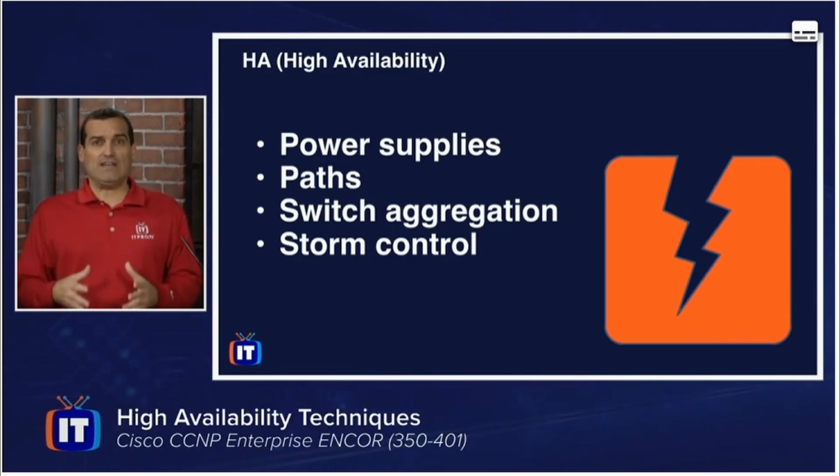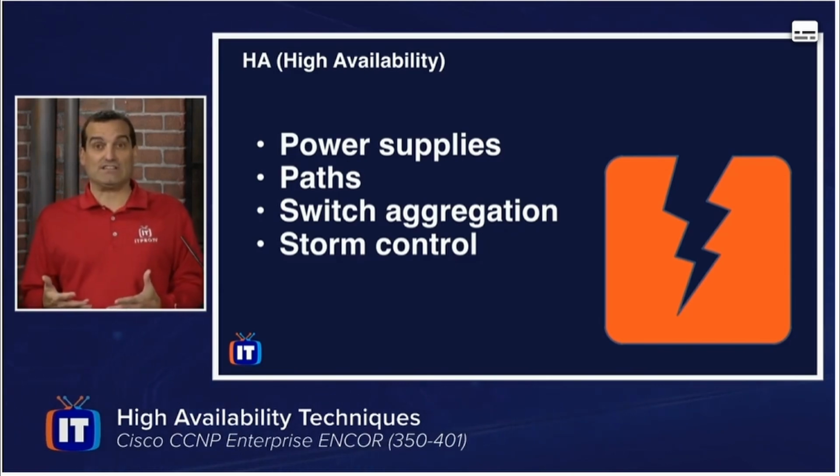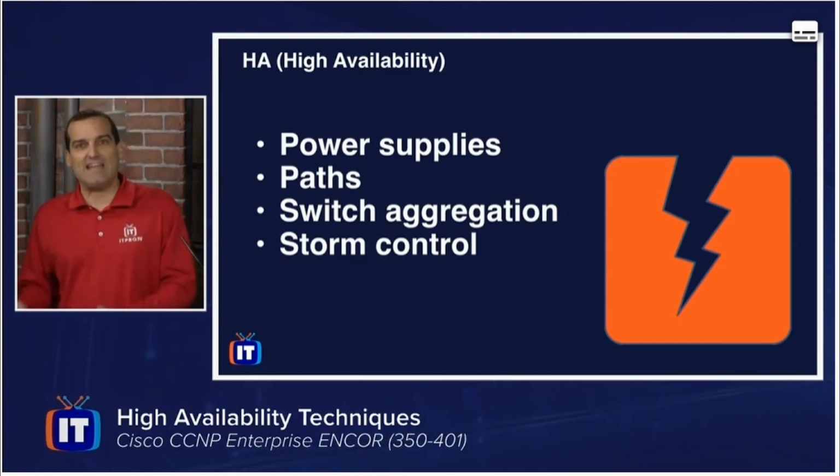If this was 1999 and Ronnie and I were teaching this class, we didn't have techniques like this, and your network could be brought down by some malfunctioning device. Now there are built-in protections against things like a broadcast storm, thanks to some freaking out network interface card. We have built-in protections like storm control in all the different devices that will just naturally take care of this, so the network is not brought down by this problem. And as a result, the network has higher availability.